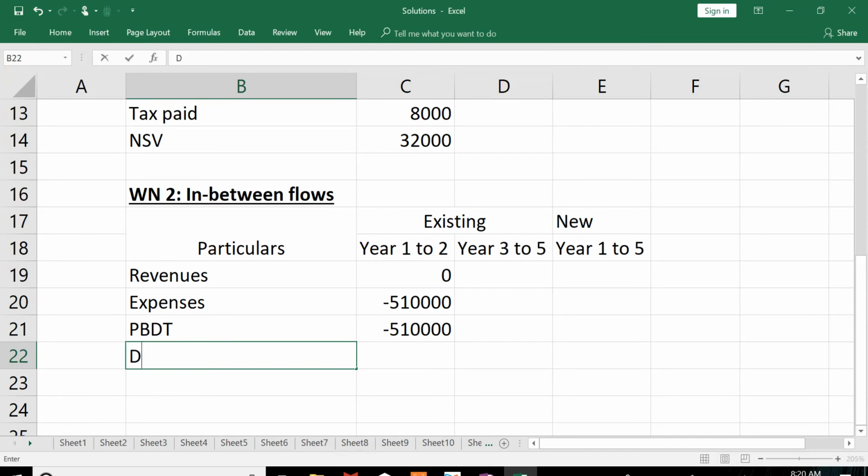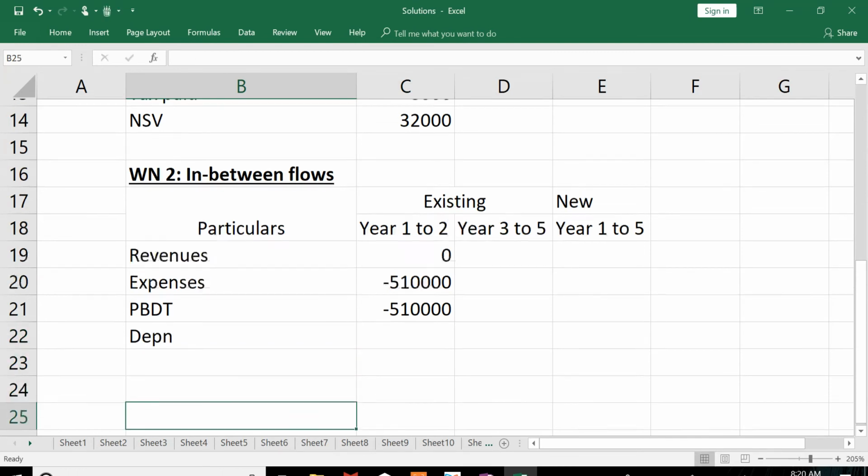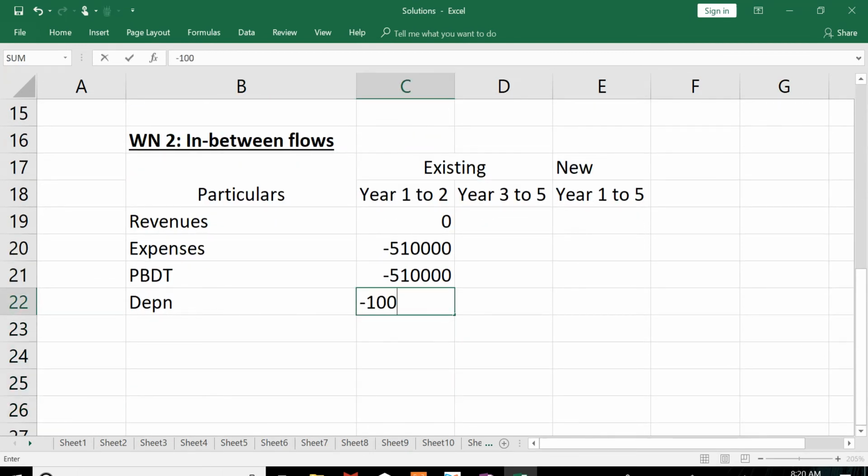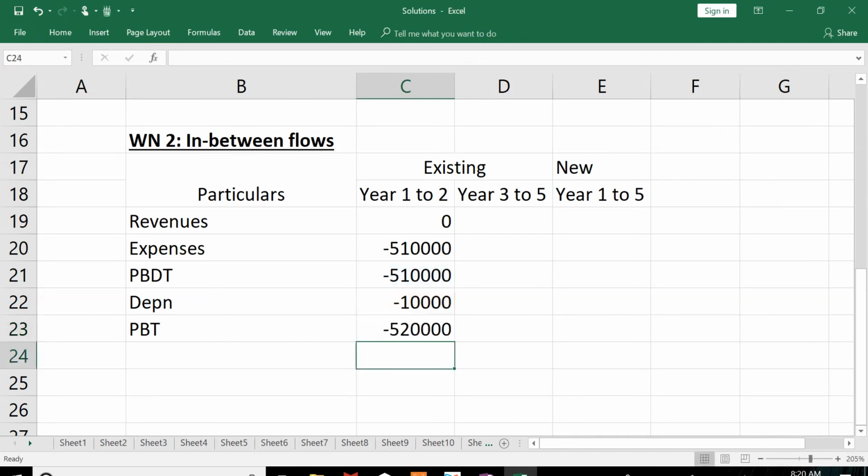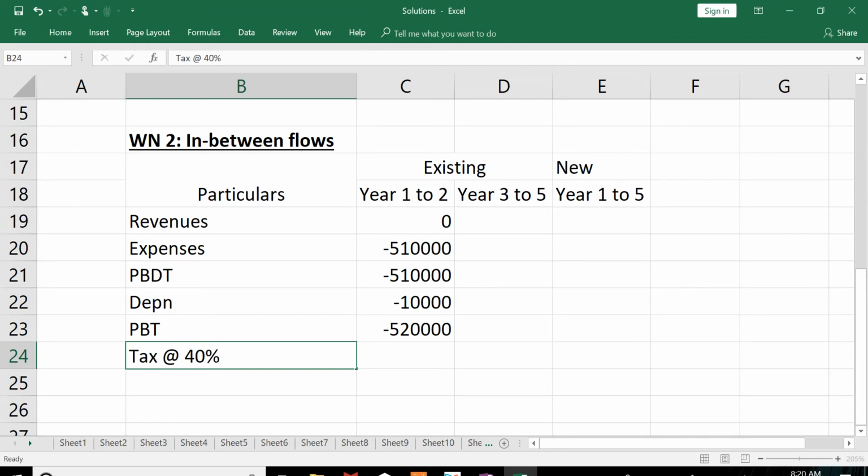5,10,000. Depreciation is how much? 10,000. PBT 5,20,000. Tax rate is how much? On loss you will save tax. So minus into 0.4.